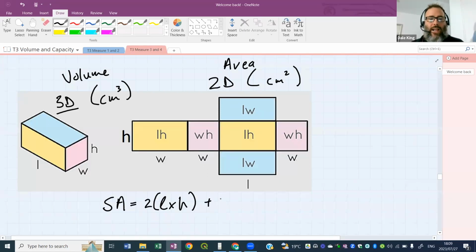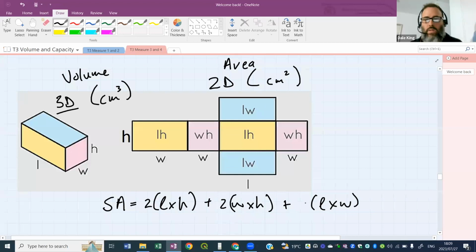Plus, I need the pink square in the front, which is width times height. All right. But I need 2 of those. Okay, so let me just move this over slightly to fit my 2 in. Okay, so I need 2 of those. And then I need the green rectangle on the top, which is length times width.